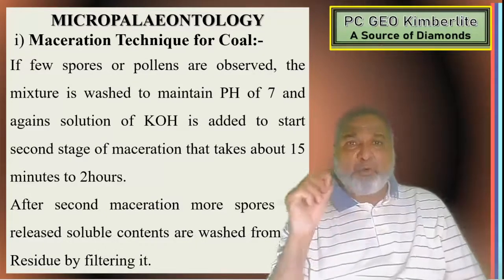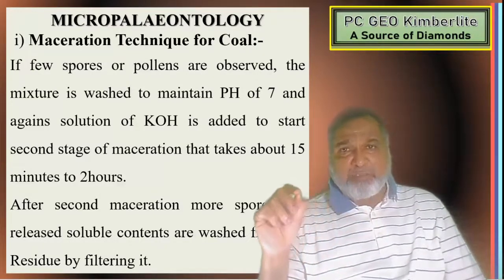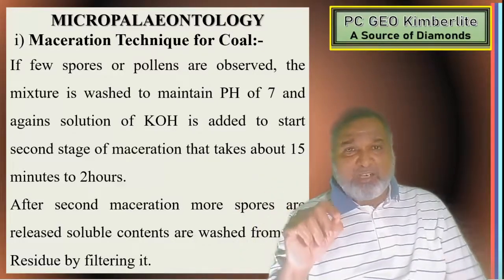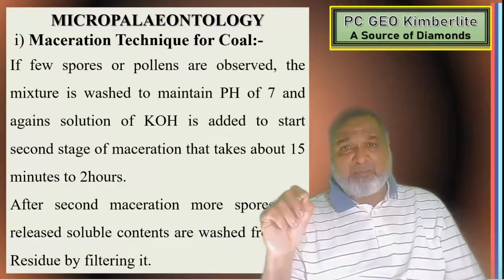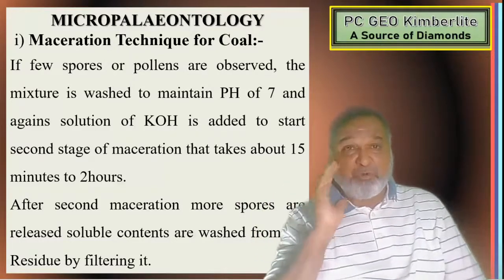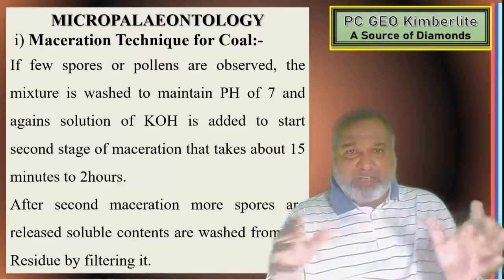If few spores or pollens are observed, the mixture is washed to maintain pH 7, and again the KOH solution is added to start the second stage of maceration, which takes about 15 minutes to 2 hours. After the second maceration, more spores are released.